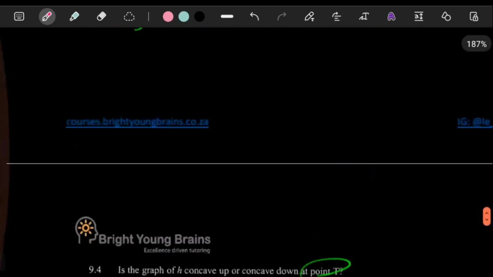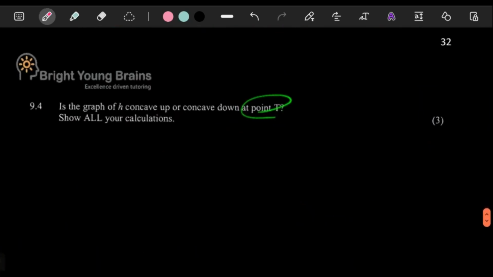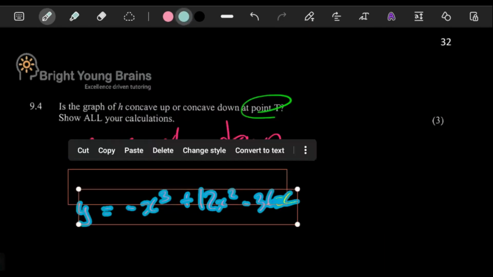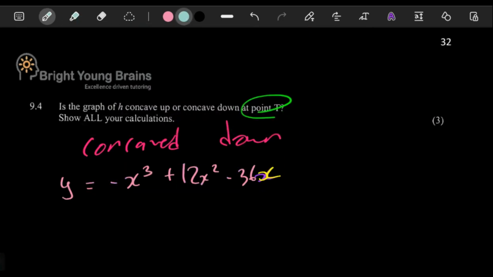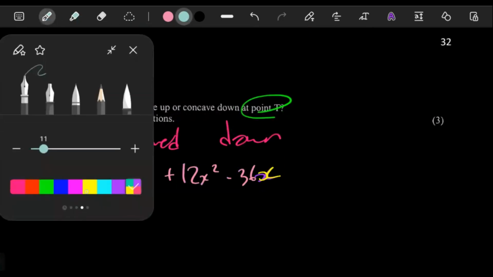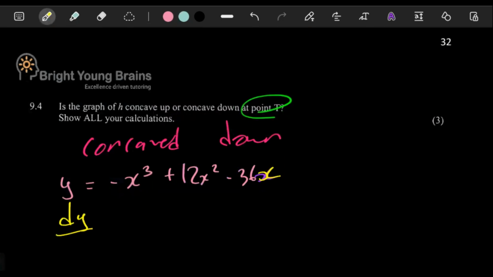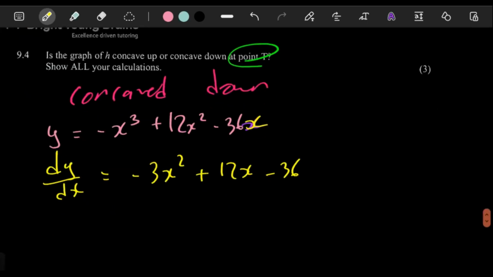So let's see how many marks they're offering. Just 3, right? So let's say here concave down. The reason for that is, let's get the x value of the point of inflection. To get the x value of the point of inflection, we have to differentiate twice. Differentiating once is going to be negative 3x squared plus 12x minus 36. When you differentiate again, this is how you write it out.